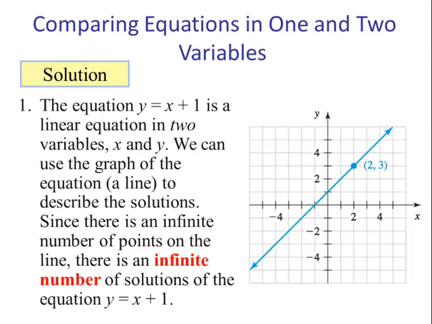The equation y equals x plus 1 has 2 variables, an x and a y. So since there is an infinite number of points on this line, we have an infinite number of solutions for that equation.